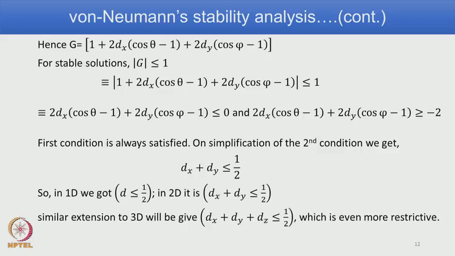Now, it becomes more restrictive in the case of 3 dimensional, where you have a summed up condition for all the 3 directions together. So, dx plus dy plus dz is less than or equal to half, and you know delta t is one parameter you can control, and del x, del y, del z are spatial distributions in respective directions.